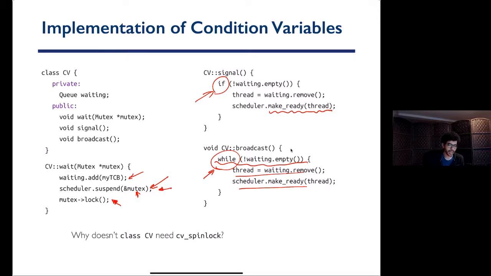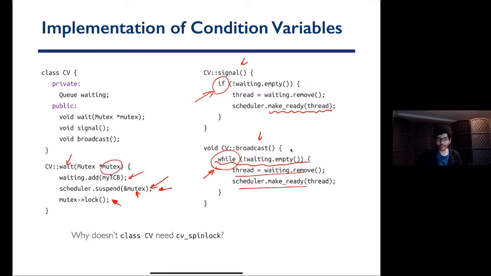The answer is that we are not going to call CV functions unless we have locked a mutex. So signal, broadcast, and wait, we're not going to call them unless we have locked a mutex. So mutual exclusion has been provided by the mutex, right?